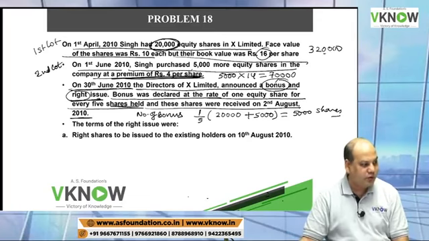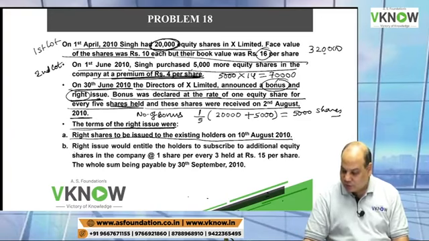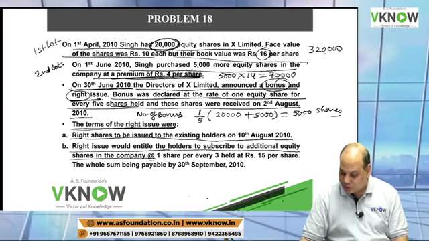So most of you are right. 5,000 bonus shares. The rights shares will be issued to existing shareholders on 10th August. Right issue would entitle the holder to subscribe to additional equity shares in the company at the rate of 1 share for every 3 held.